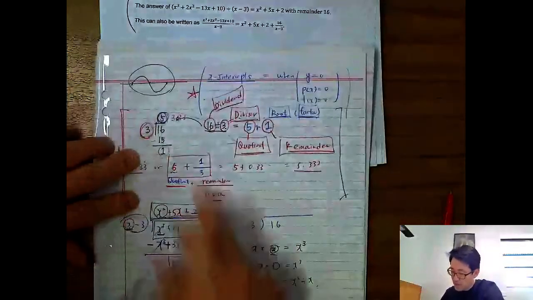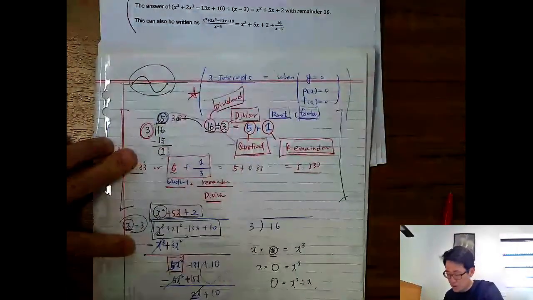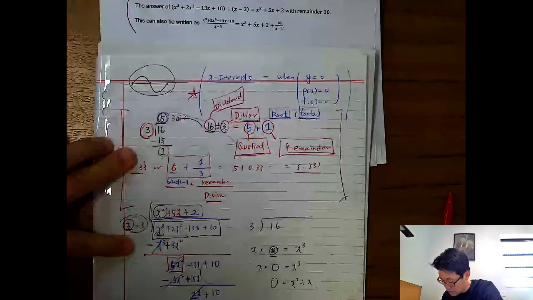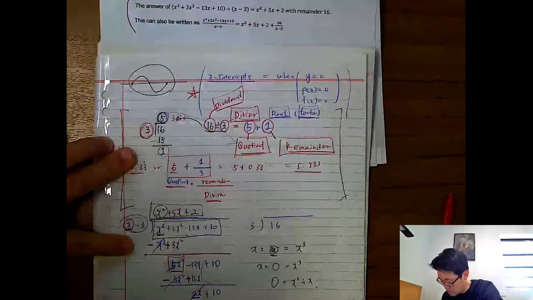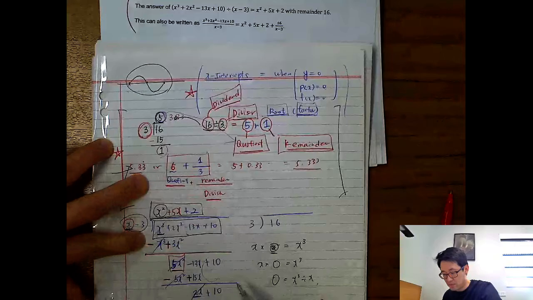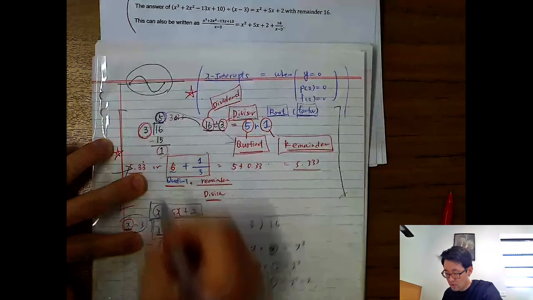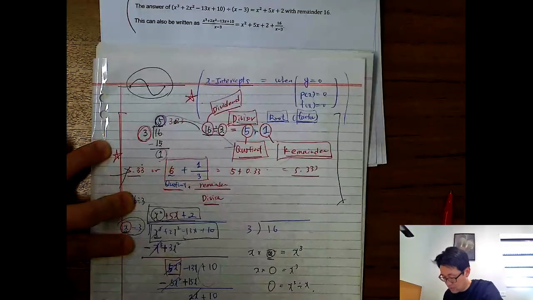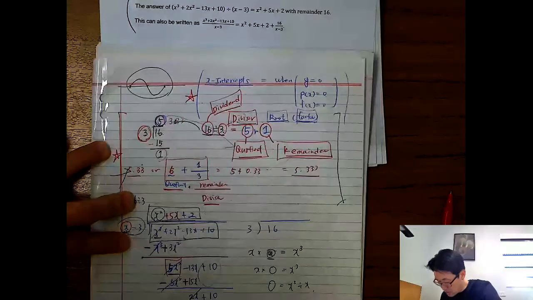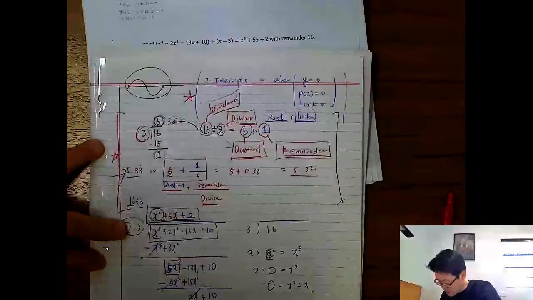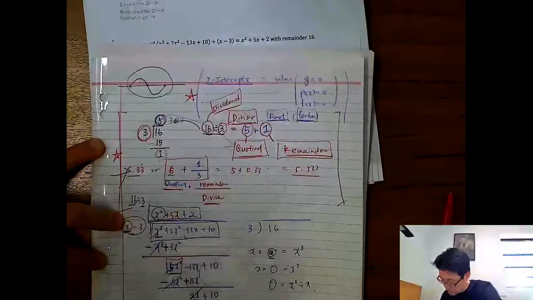Also, based on that, from the top, I know x cubed plus 2x squared minus 13x plus 10, divided by x minus 3, equals, same as what?